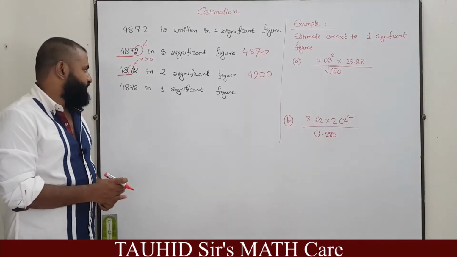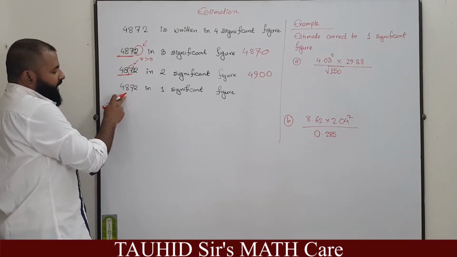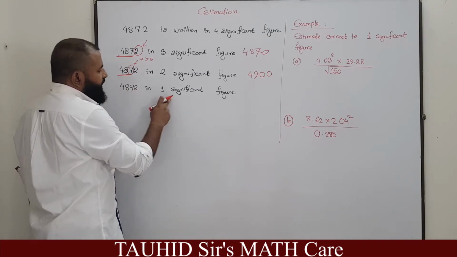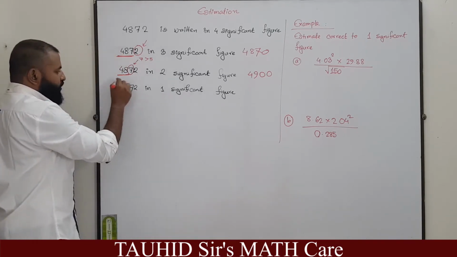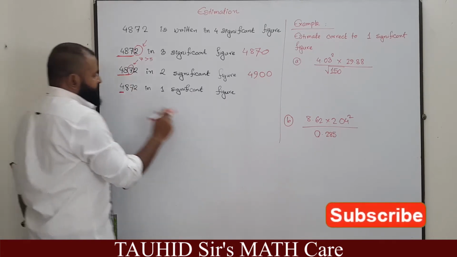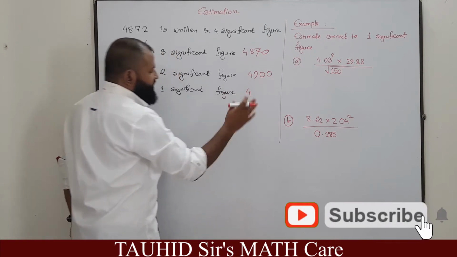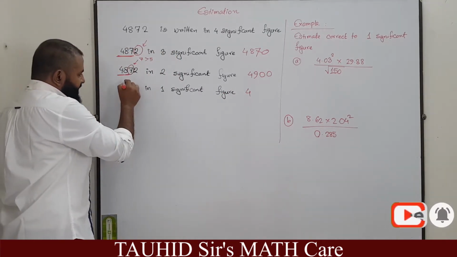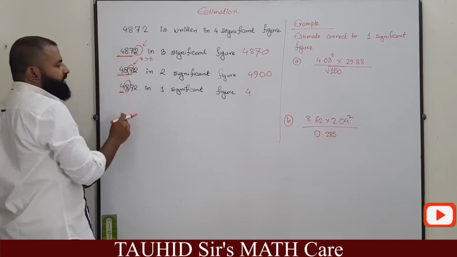How? Let's check. The third question asked you to write 4872 in 1 significant figure. Here there is only 1 significant figure, 4. We will write this figure 4 and the rest of the figures will be 0, as we know. And we will check the digit immediately after 4.